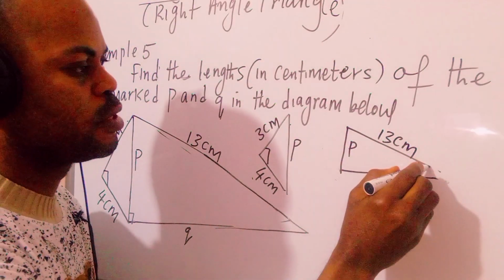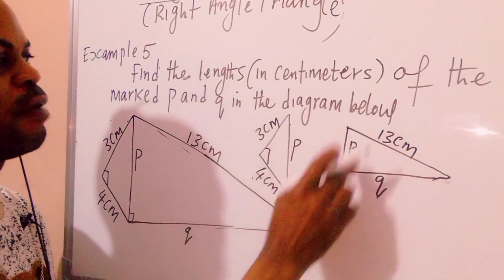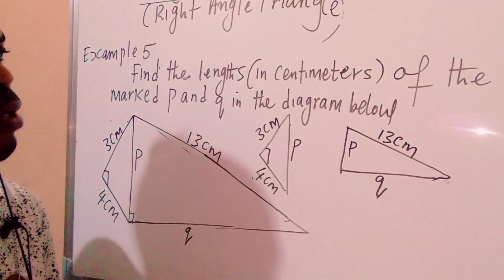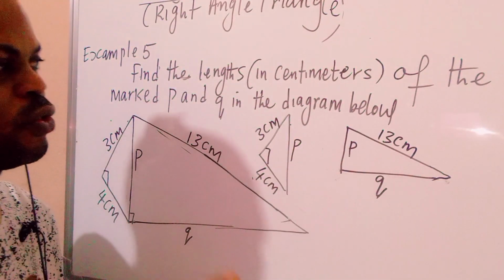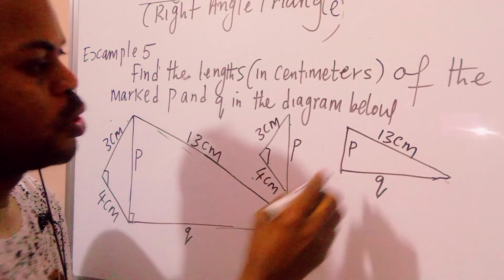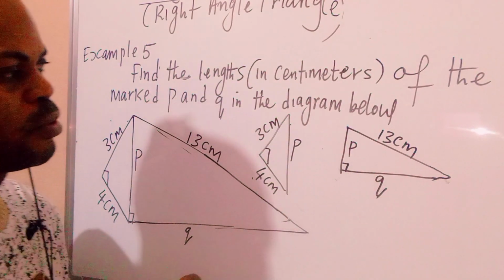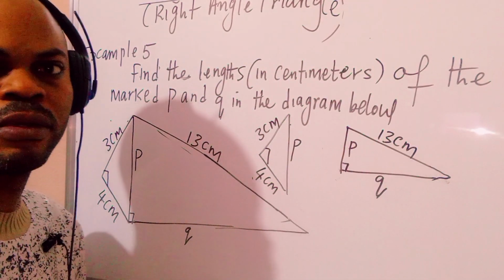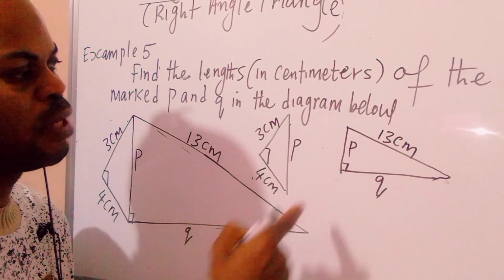Now, if you make the mistake of taking the other triangle first, you will not be able to calculate for two unknowns, because for you to use Pythagoras theorem, you need to have two sides of a triangle, which will allow you to calculate the third side.